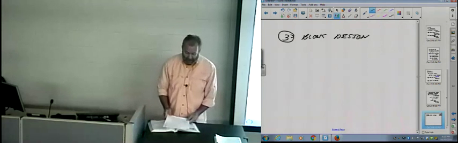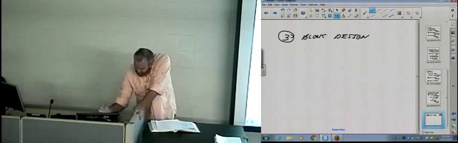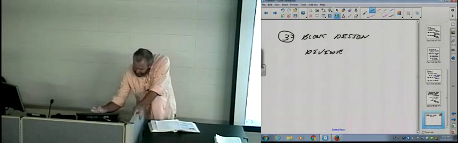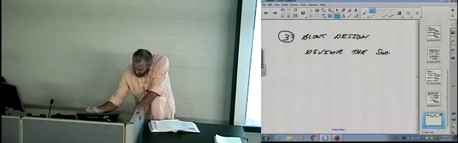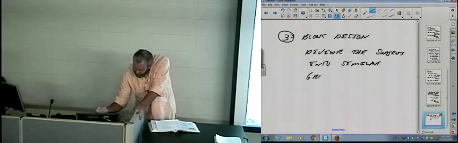It's a block design because what you're going to do is we're going to divide the subjects into similar groups called blocks.